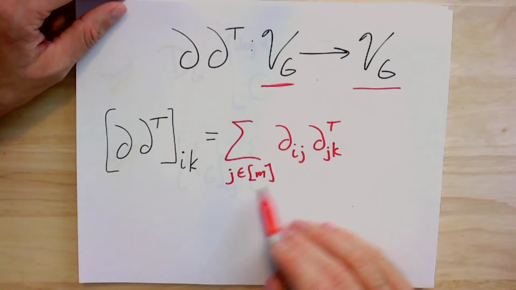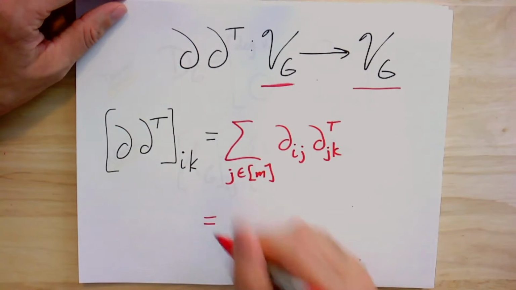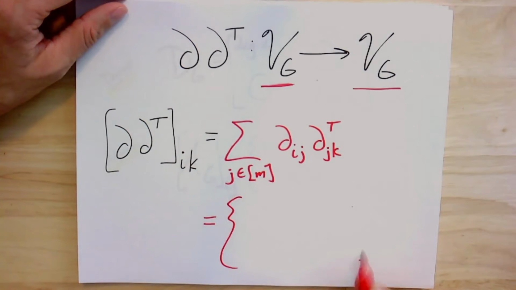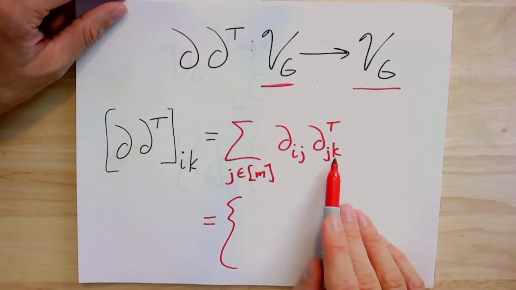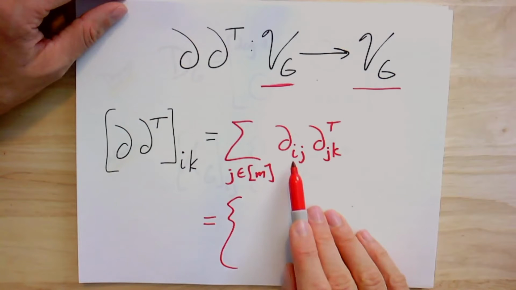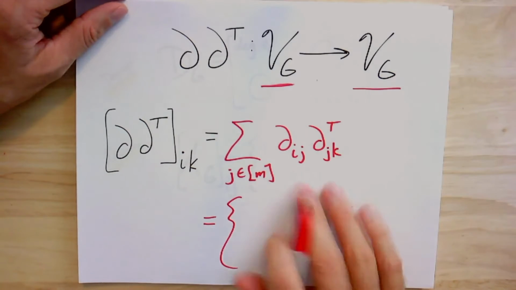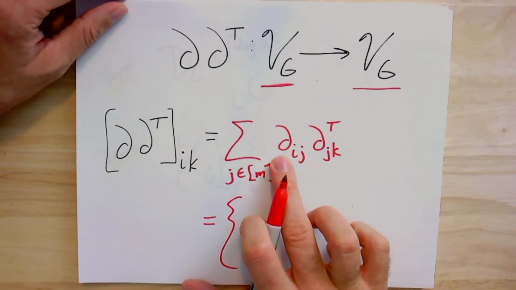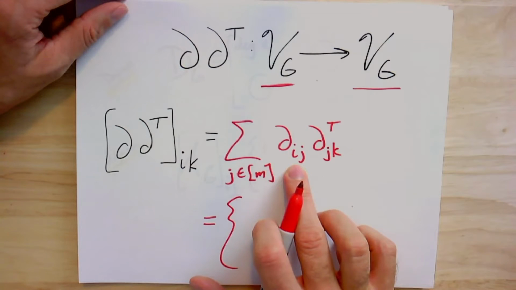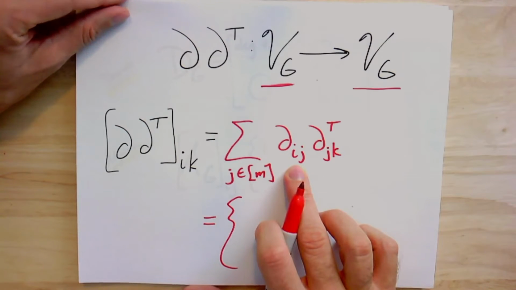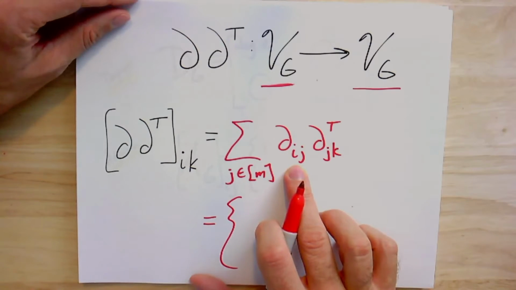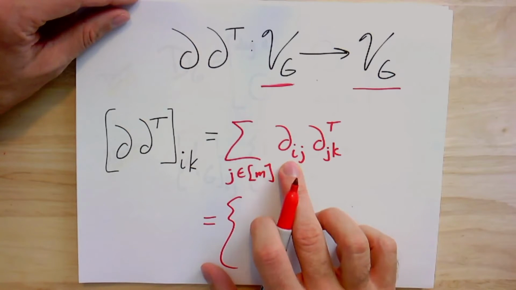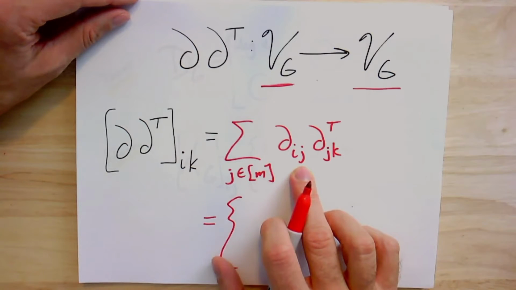Now, does this actually help us? Well, we can work out what the exact values are. One case that's interesting first is that if i and k are equal, that is on the diagonal of this matrix, we see that these two terms would be the same. So when is the boundary ij equal to something that's not 0? Well, only when vertex i is in edge j.